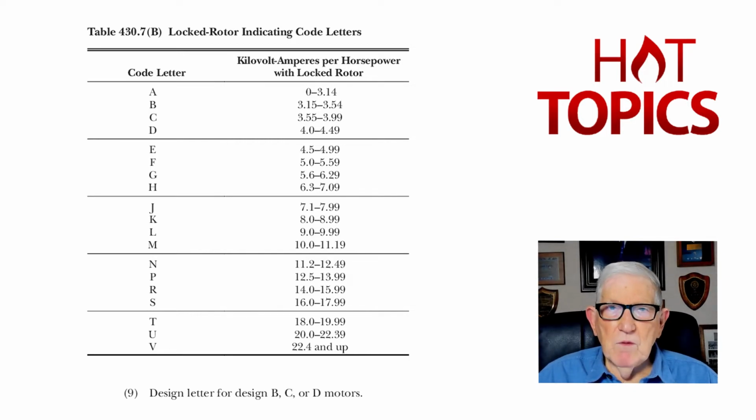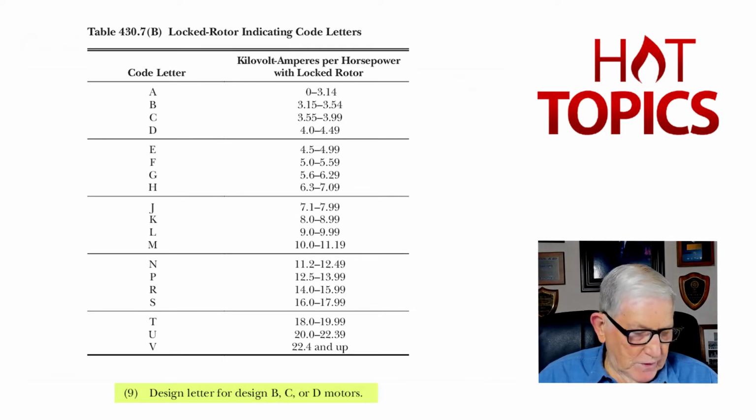So that's how we would find the starting current of the motor based upon the locked rotor code letter. And then if we didn't want to do that, we could drop down to 430.7(A)(9) on the left-hand page of 310, left-hand side of the page, approximately about the middle of that column.